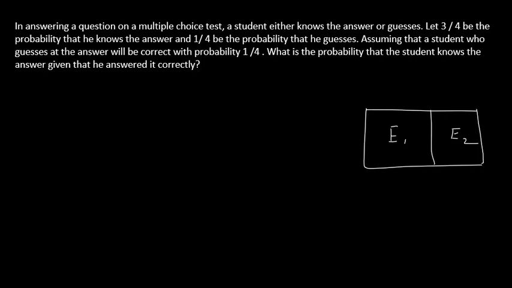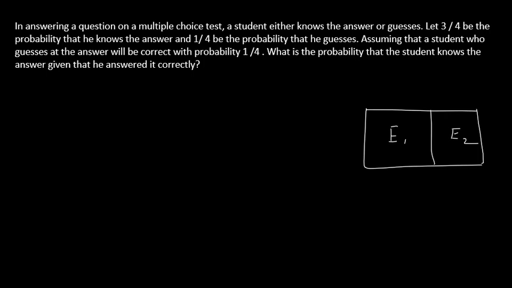Assuming that a student who guesses at the answer will be correct with probability 1 by 4. Now if he knows the answer, then what is the probability that he is correct? So it is 100%, that is 1. Now what is the probability that the student knows the answer given that he answered it correctly?